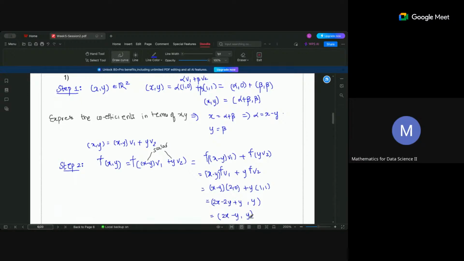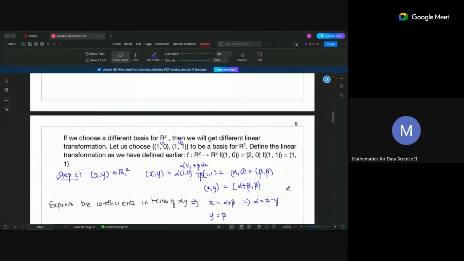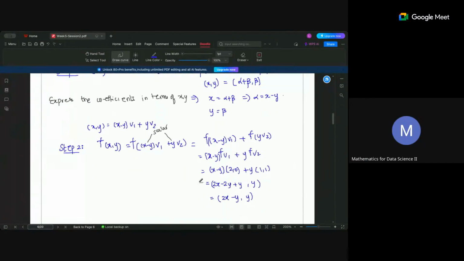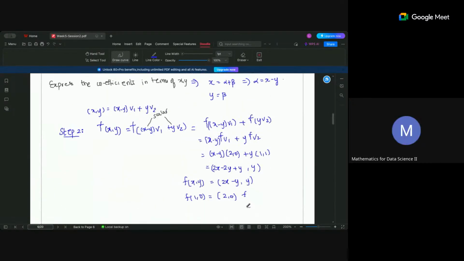Fine. If you want to cross-check whether you have computed it correctly, you just have to simply apply this to (1, 0) and (1, 1) and check. So this is f of (x, y). What is f of (1, 0) in this way? Check it: (2, 0). And what is f of the second one, (1, 1)? What is f of (1, 1)?